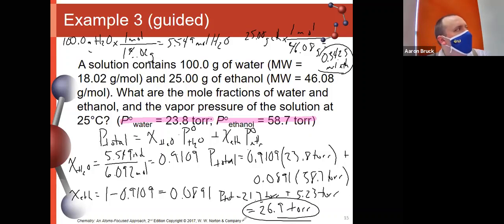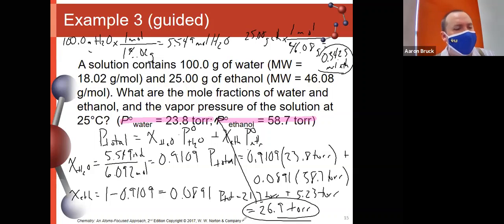So, as I mentioned before, the value that we get squeezes in between the two vapor pressures of the two components. Since water made up the majority of the solution by quite a significant portion, we can see that it is definitely shaded toward the water as opposed to toward the ethanol.